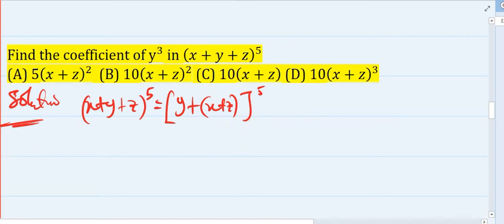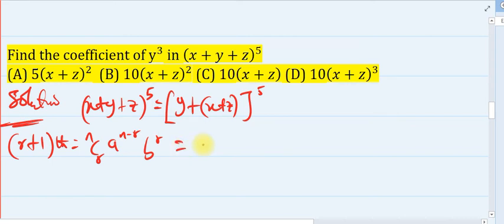So let's expand it from our (r + 1) term, which is n combination r, a^(n-r), b^r. Here our n is 5, so 5 combination r. Our a is y, so y raised to power 5 minus r, and b is (x + z) raised to power r.